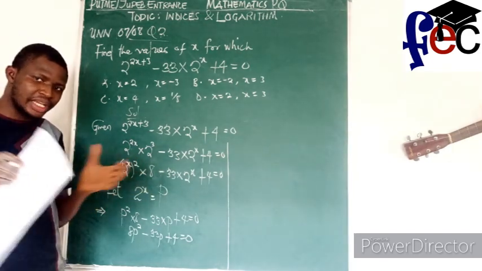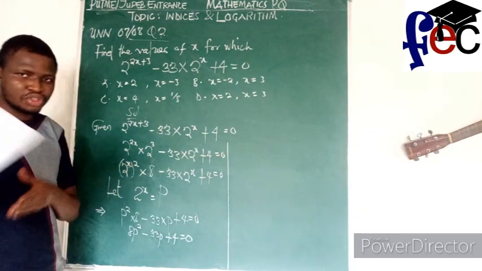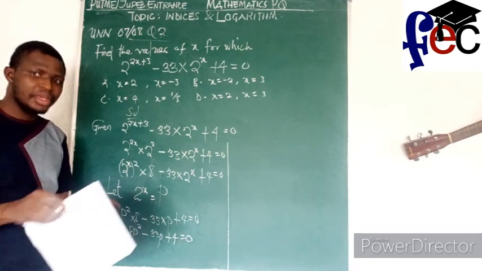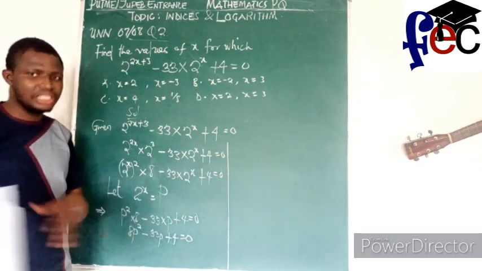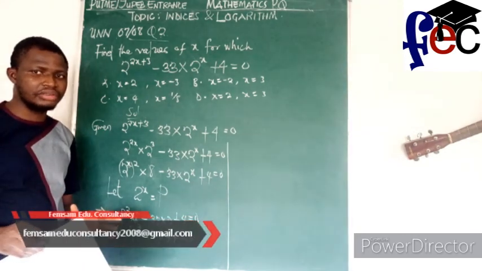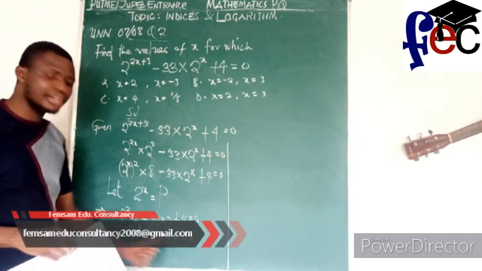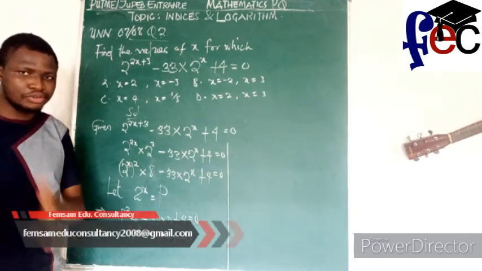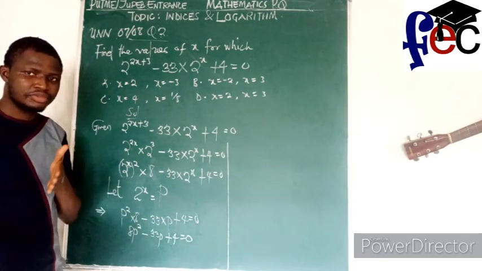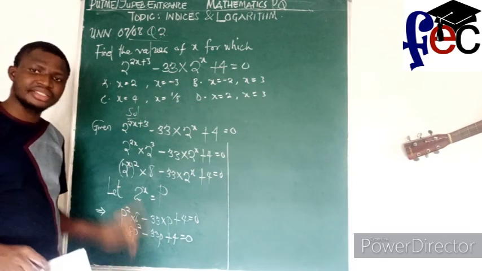When you multiply them, you will get plus 32p squared. When you add them, you will get minus 33p. Now, what I am saying is ignore the variable, the letter involved. What are the factors? The factors are minus 32 and minus 1. Because minus 32 minus 1 will give us minus 33.